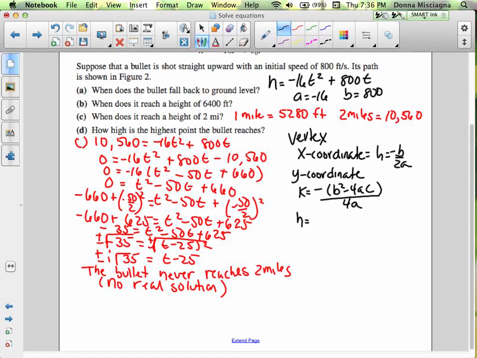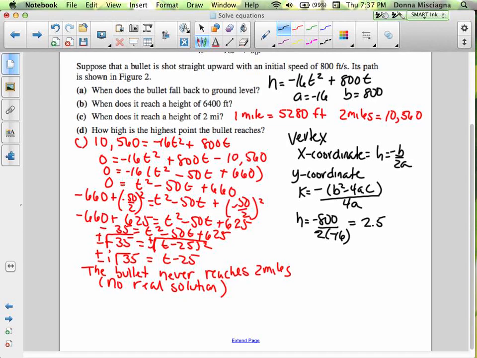So this would be negative b divided by 2a: 800 divided by 2 times negative 16. The negatives cancel out, and this ends up being 25. Maybe not the nicest number to plug back in.